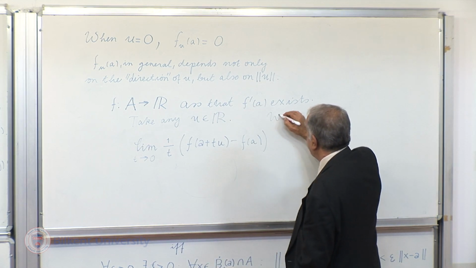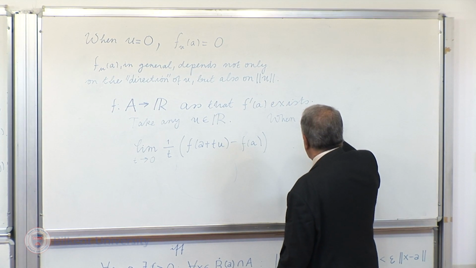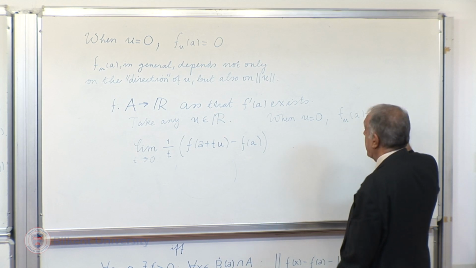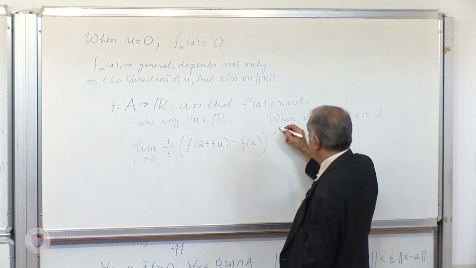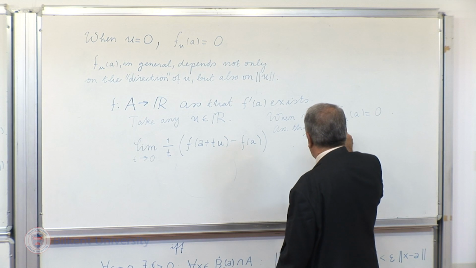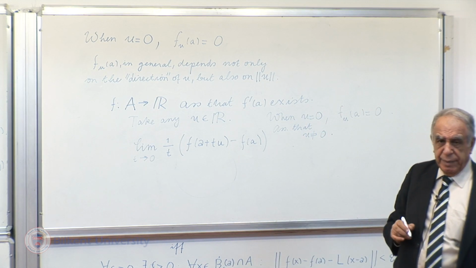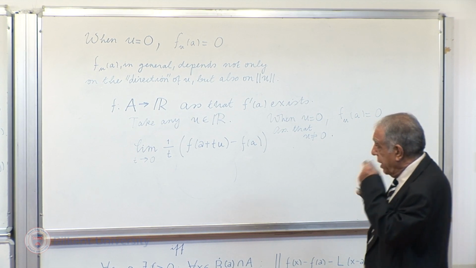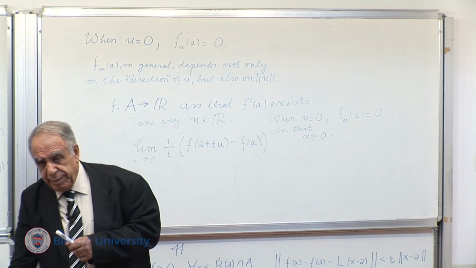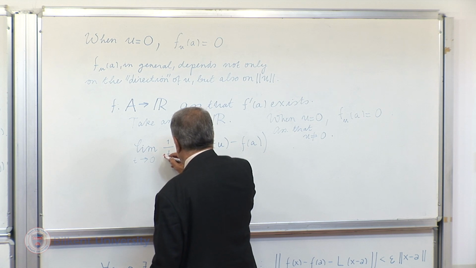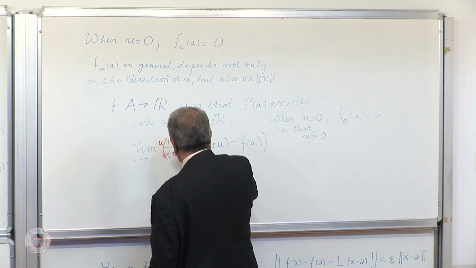Now, when u is equal to 0, f sub u of a will be equal to 0. That we know. Here, assume that u is different than 0. Okay? We know what happens when u is equal to 0. But in that case, what I can do is divide this by u and multiply it by u as well.